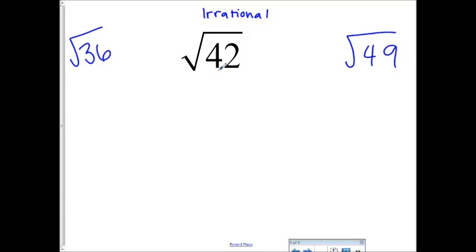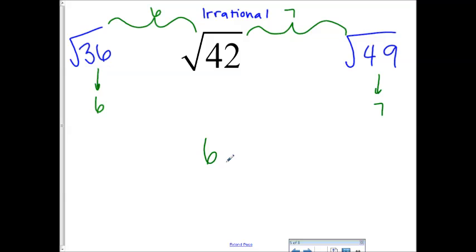The square root of 42 is closer to the square root of 36 than to the square root of 49. It's only 6 away from 36, whereas it's 7 away from 49. Therefore, it's going to be closer to 6 than it is to 7.